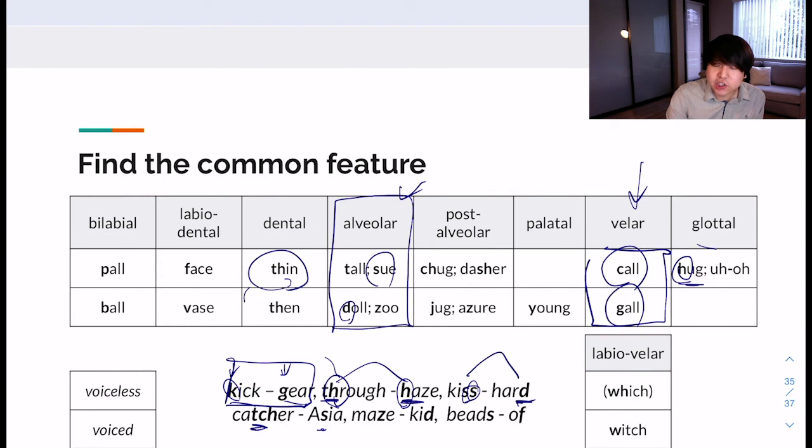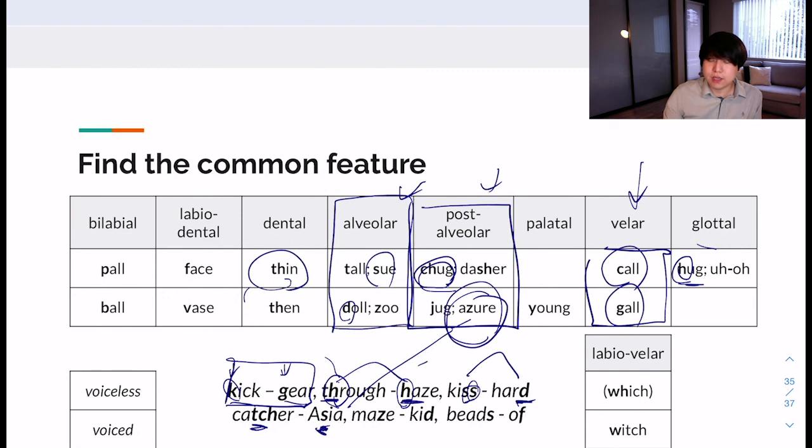Catch, ch sound as in chug. Asia, this is not z, this is not j as in jug, this is the sound in azure, or pleasure, or usual, which is a post-alveolar sound. So catcher and Asia both fall into the same category, post-alveolar.